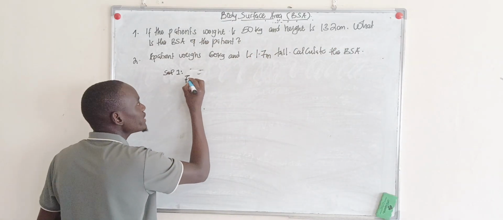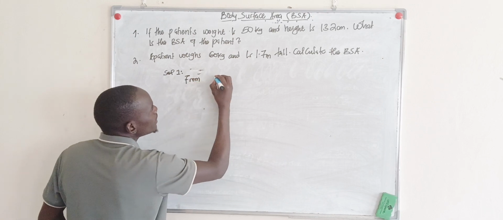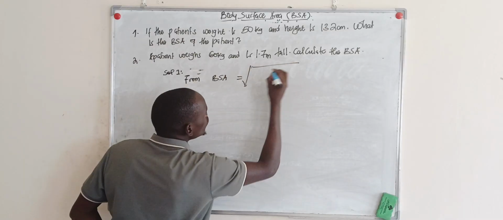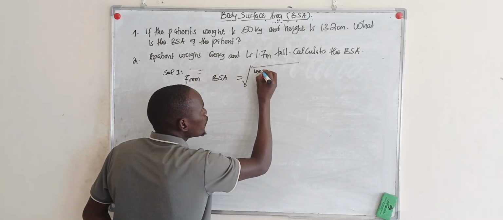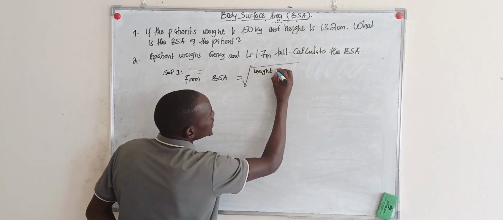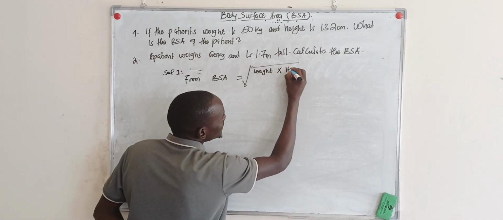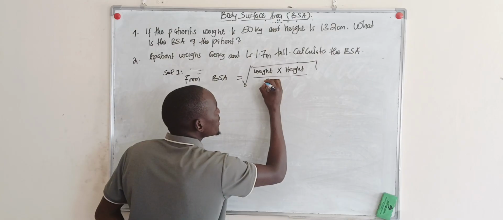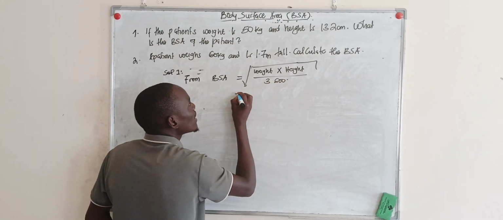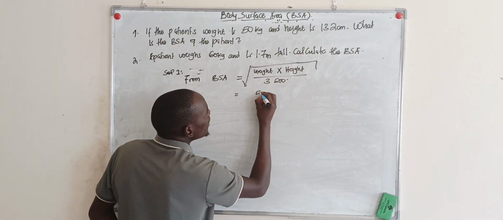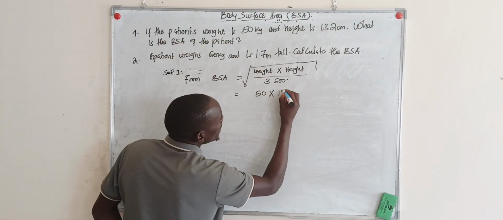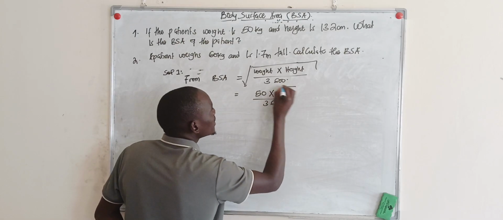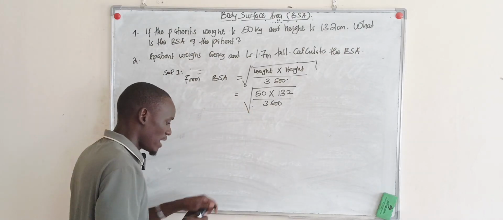From our formula, body surface area is given by the square root of the product of weight times height divided by 3,600. When you compute this, we shall have 50 times 132 divided by 3,600, all of it under a root.